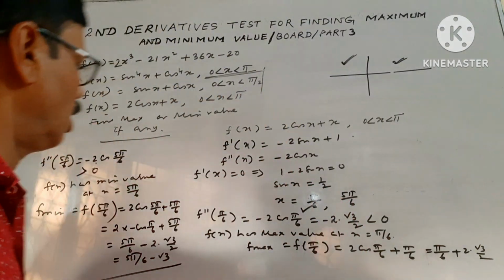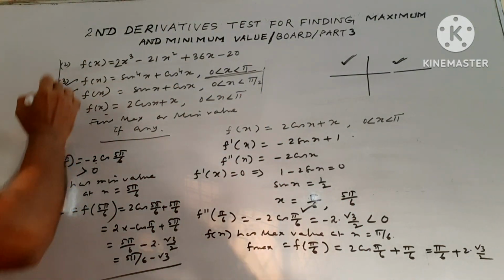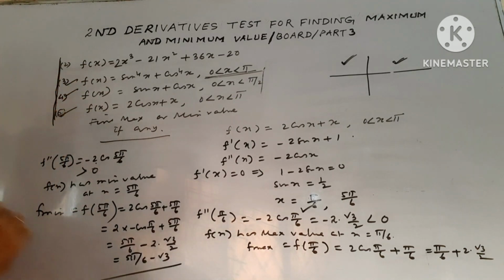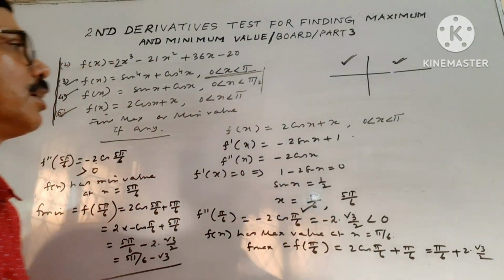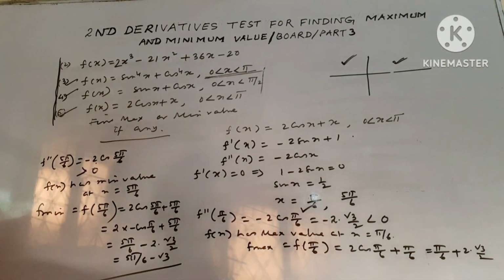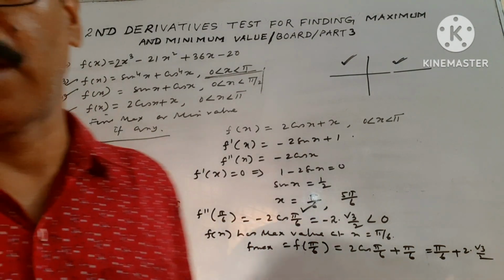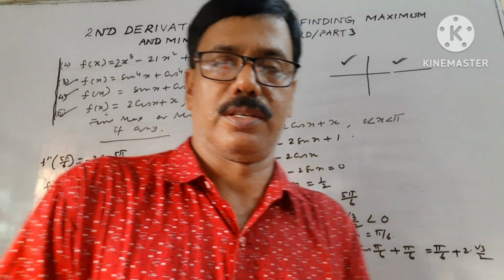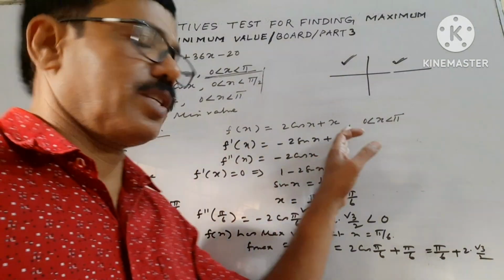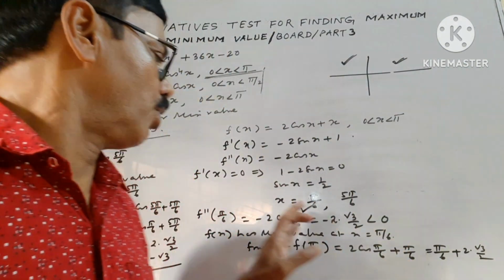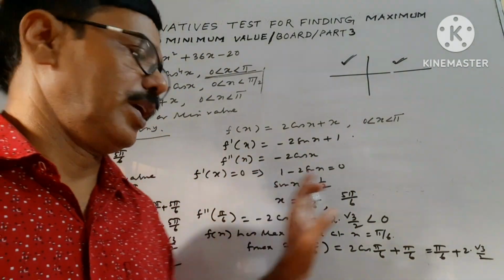So today I have discussed how to find maximum and minimum value using the second derivative test. For a trigonometric function, f dash x equals 0, so find the value of x.